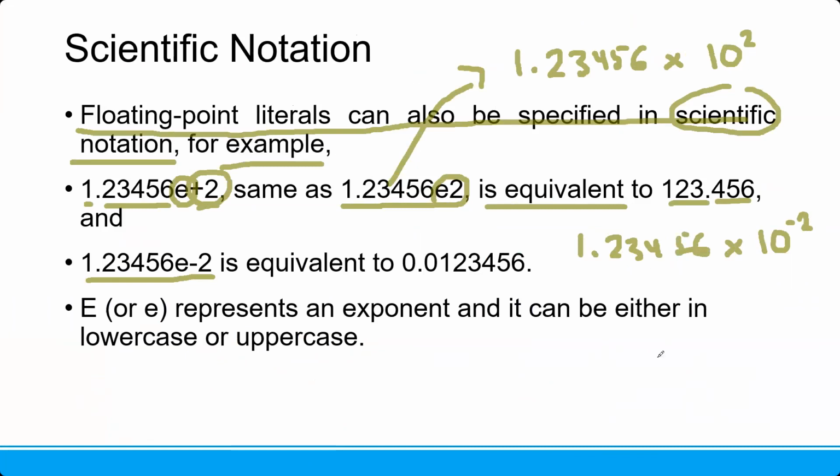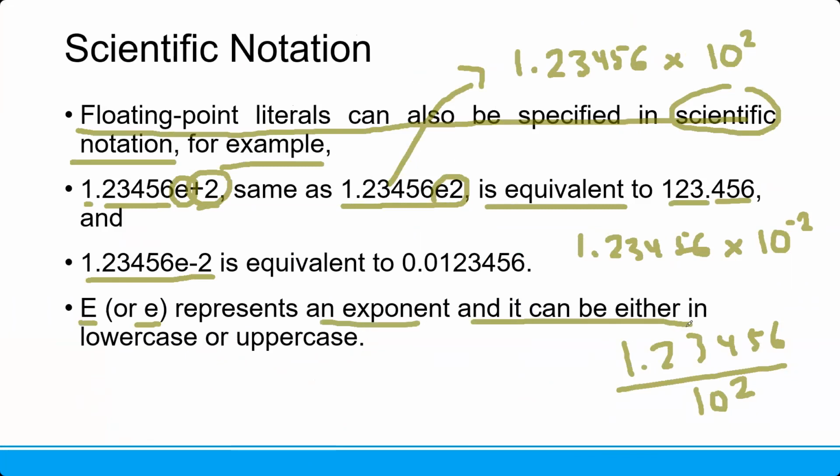Or this means that 1.23456 is divided by 10 power of 2. So E, the big E or small e, represents an exponent, and it can be either lowercase or uppercase. So Python provides this kind of scientific notation.